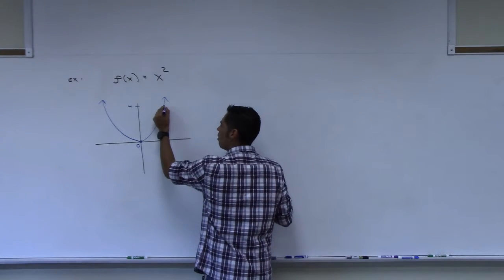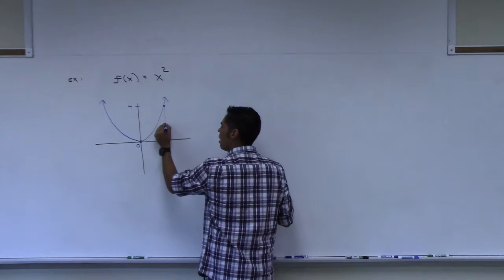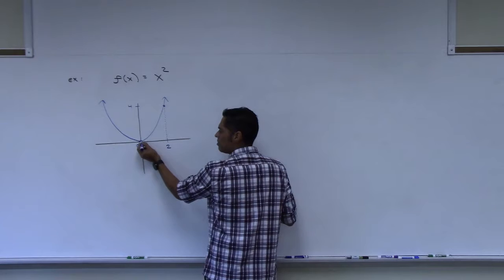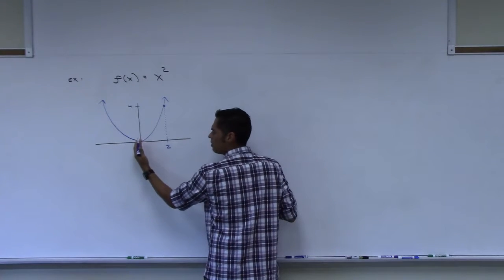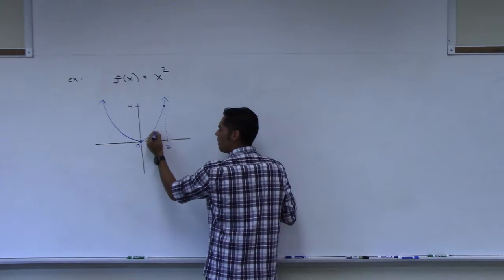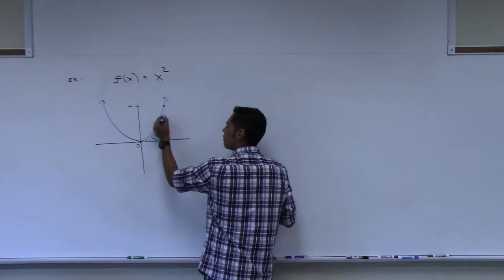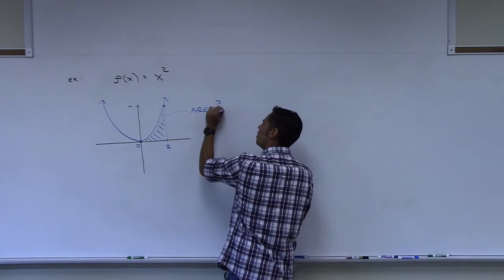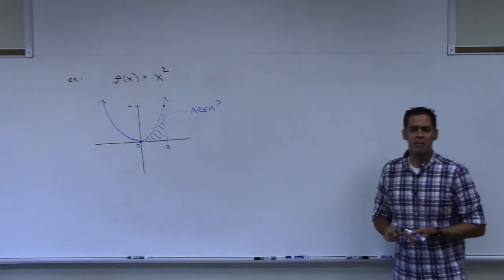If you were to draw a dotted line straight down, and then imagine you have an endpoint here at 0 and at 2. Here's the question. What is the area of that shaded part?